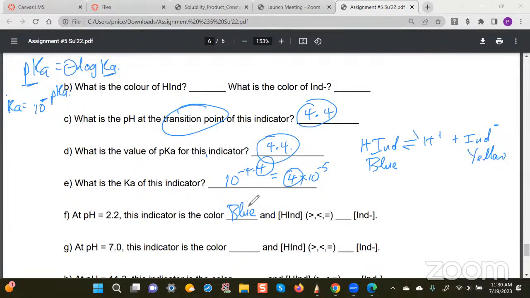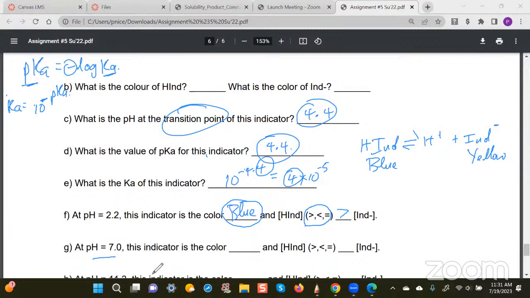So we already know that the color is blue. So again, I want you to look at this part of the question and answer which one of these would be true. Would the concentration of the acid molecule be greater than, equal to, or less than the conjugate base, the IND minus? Greater than. Exactly, would be greater than. All right. Okay, very good.